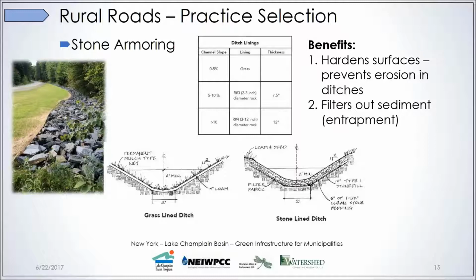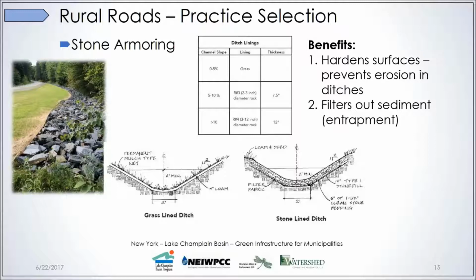And then you armor it with these large angular stones. You can do things like grass lining ditches. You can see in this table up here, 0 to 5%, you can usually get away with grass lining. But when you get up above 5%, you're really into stone armoring those ditches. What this does is it hardens those surfaces so it prevents erosion within the ditch.